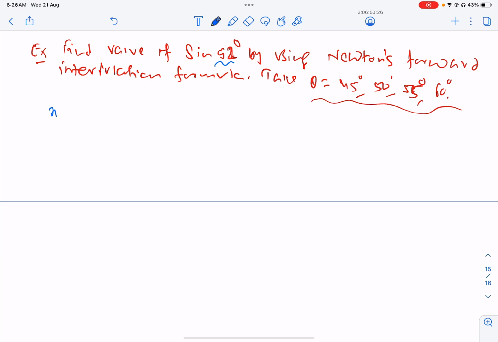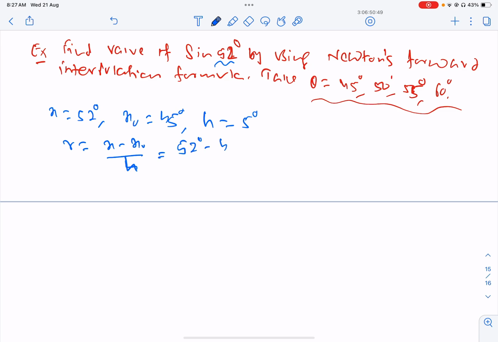So here you are having x is 52 degree, x0 is 45 degree, and h, the values being 45 degree, 50 degree, 55 degree, 60 degree, so h is 5 degree, and r equal to x minus x0 by h, and so that is 52 degree minus 45 degree divided by 5 degree. Use the calculator, you will get 1.4.